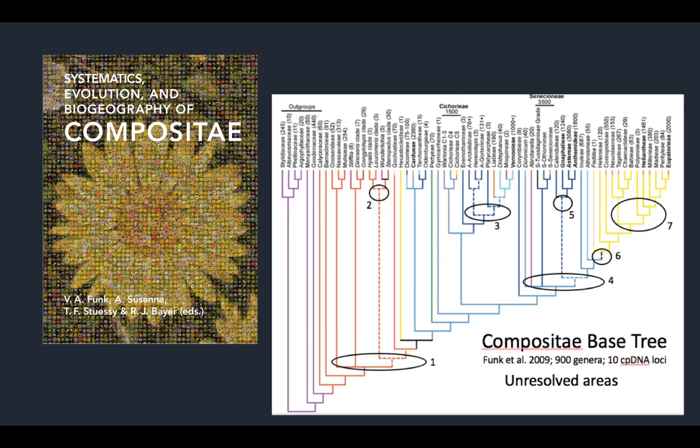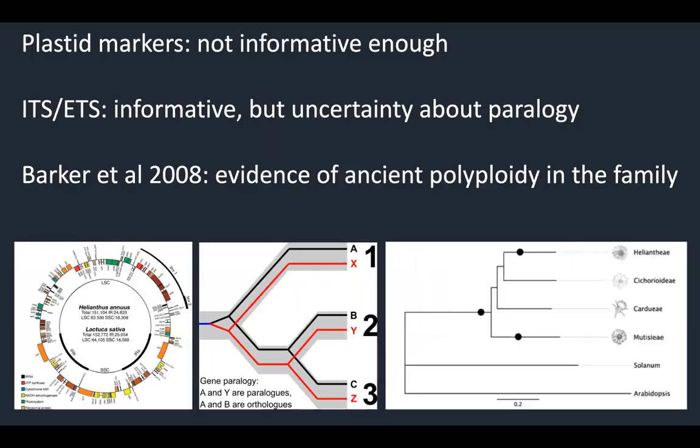So you can see here, sort of at the base, number one, the base of the majority of the species in Asteraceae, another in the Wunderlichia group, also within the subfamily Chicoriidae, and so on up to the Helianthae, for example.